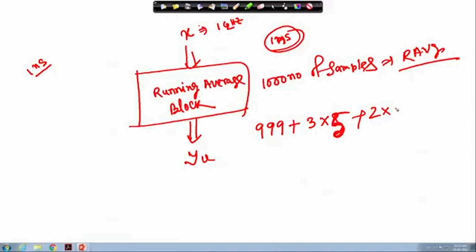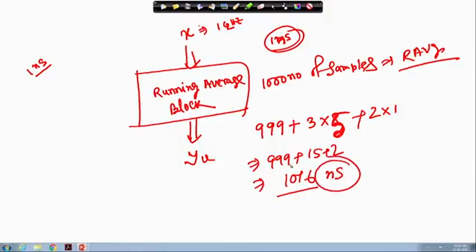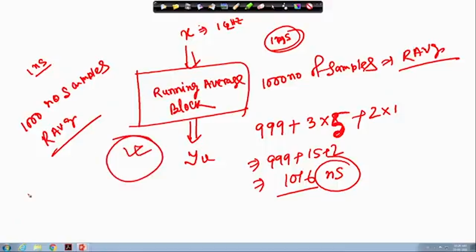So, 999 plus 15 plus 2 equals 1016. This is the time I require to complete the running average of 1000 samples, if I choose the parallel implementation.